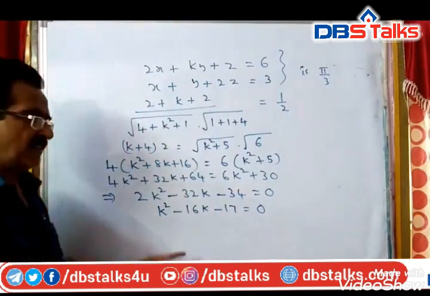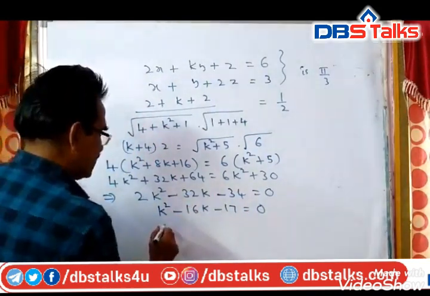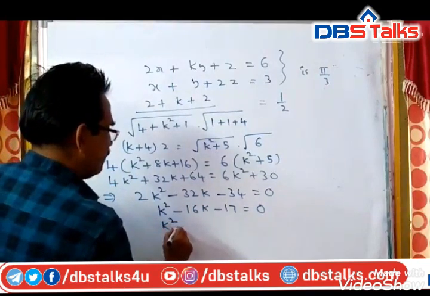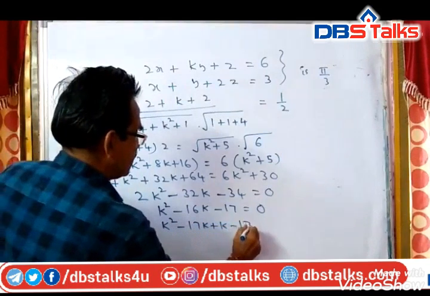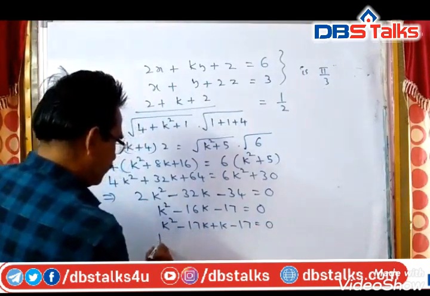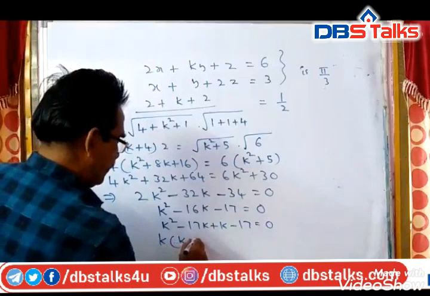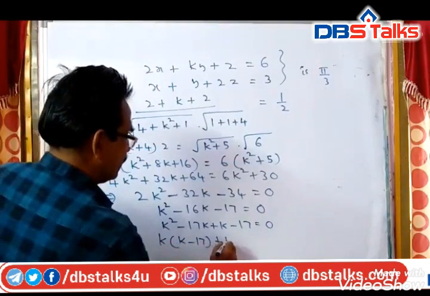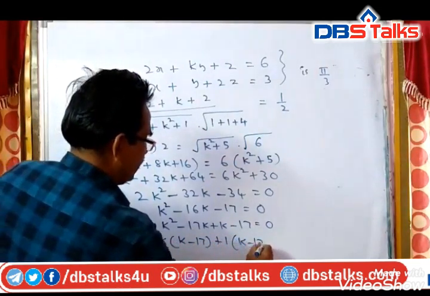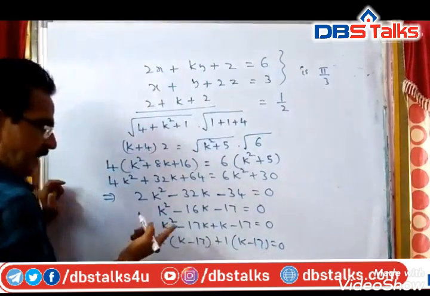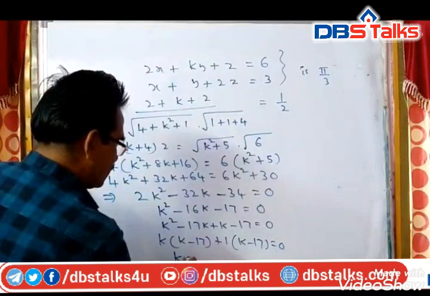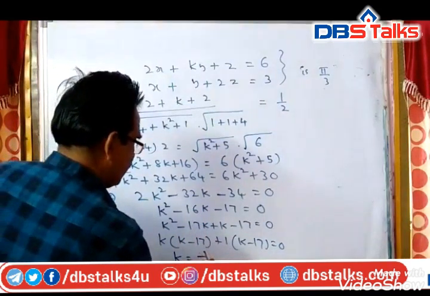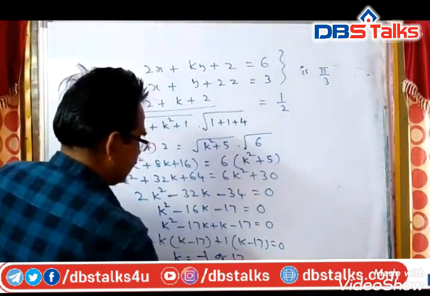Right, friends? 17 into 1. So k square minus 17k plus k minus 17 is equal to 0. K into (k minus 17) plus 1 into (k minus 17) is equal to 0. So k is equal to 17 or minus 1.